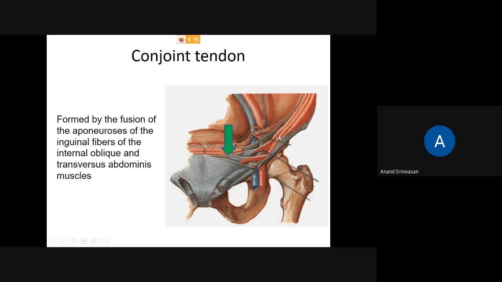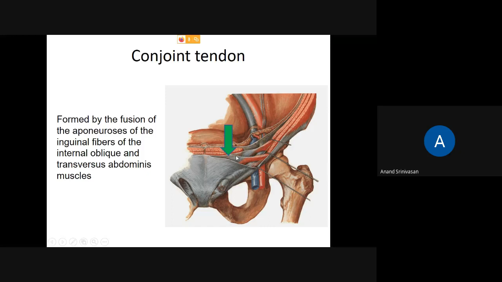Now, in the lowermost part, these two tendons, that is the aponeurosis of the transverse abdominis and the internal oblique, come anterior to the rectus abdominis. You can see the rectus abdominis here.